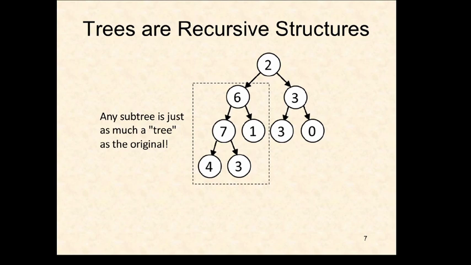So if I gave you a pointer P, and P happens to point to 6, what's in the box here is the subtree starting at node P. If I give you a pointer to a node, a subtree is that node and all of its descendants. If I gave you a pointer P2 that points to 3, then that would be the subtree rooted at P2.